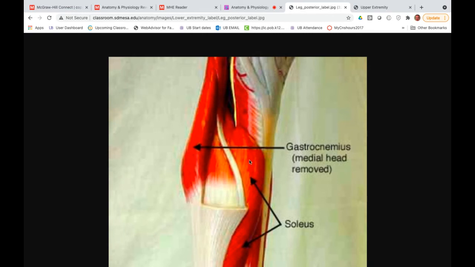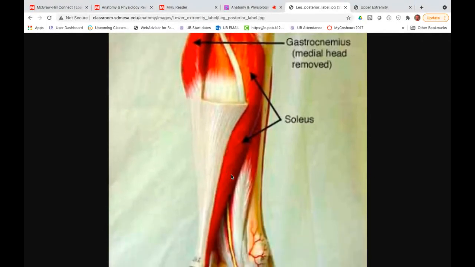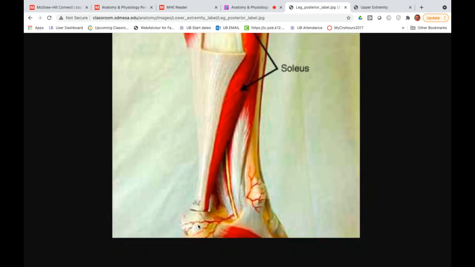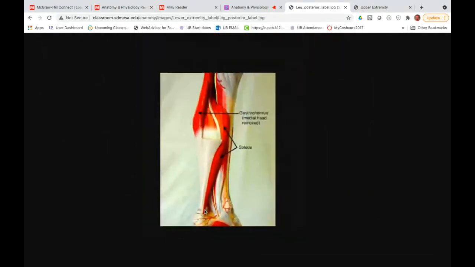So you have the gastrocs, the soleus, and this long plantaris tendon. They all have the same insertion. They all make up the Achilles tendon or calcaneal tendon, the one that's most commonly ruptured. And they all plantar flex the foot or plantar flex the ankle.